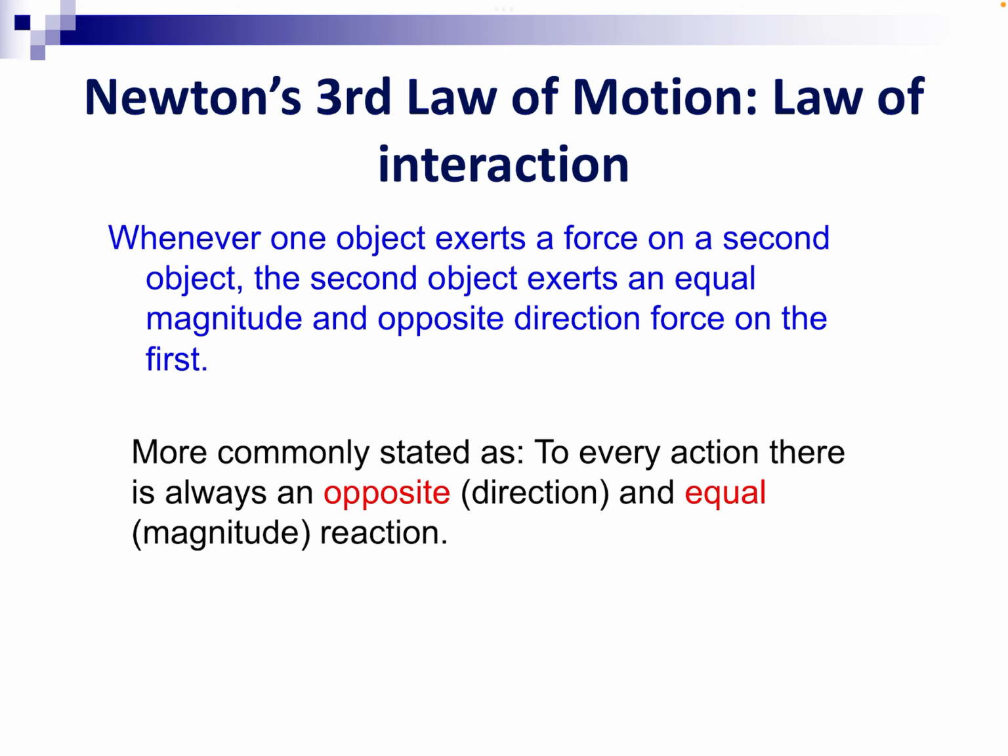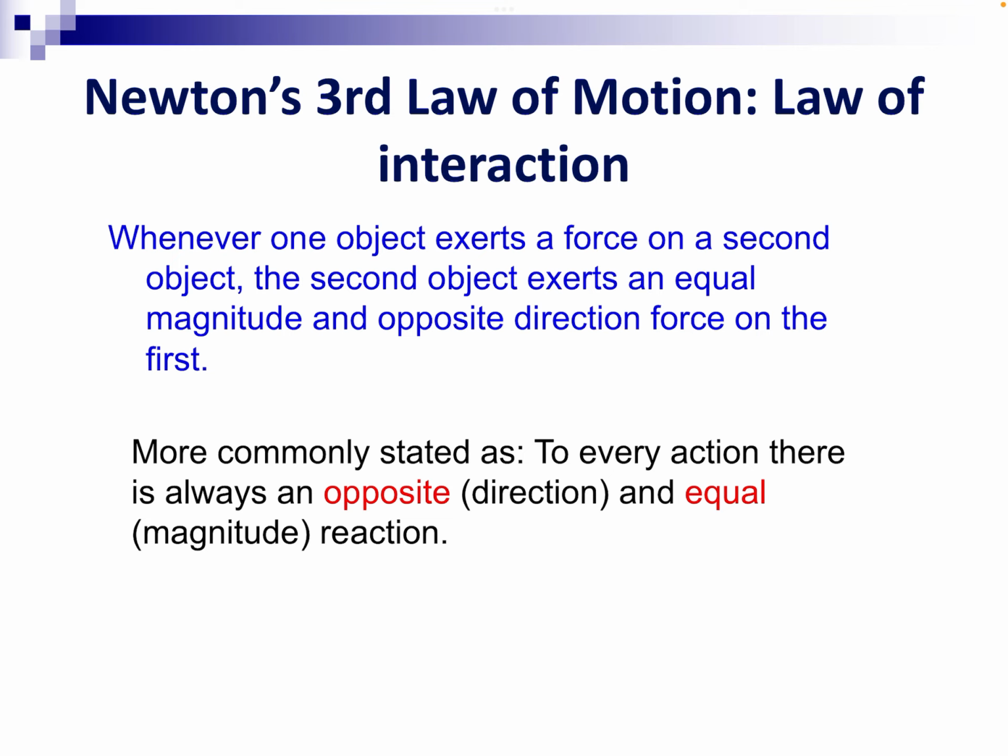Okay, the last law of motion is Newton's third law of motion. It's also called the law of interaction because it says that whenever one object exerts a force on a second object, the second object exerts a force of equal magnitude and opposite direction on the first object.